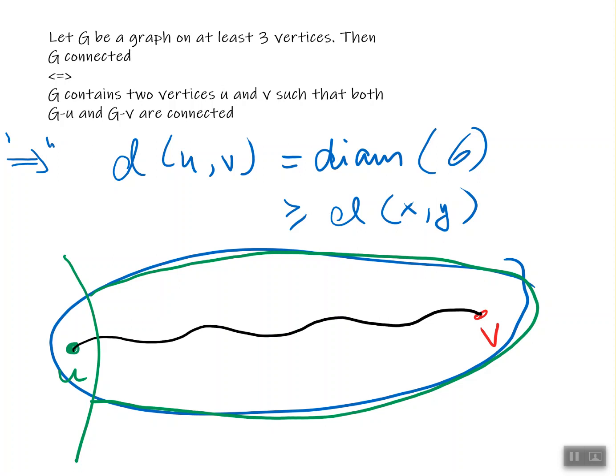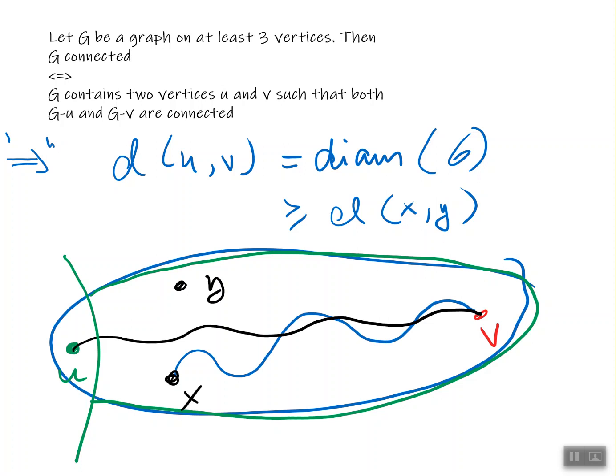So let's look at 2 vertices in this graph, x and y. What can we say about these two? Well, the distance between x and v is at most the distance between u and v. So if I take any shortest path from x to v in the blue graph, it cannot contain the vertex u.